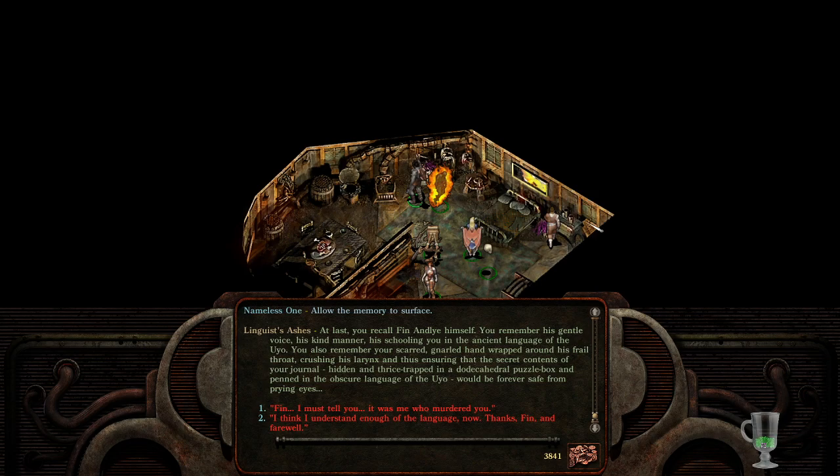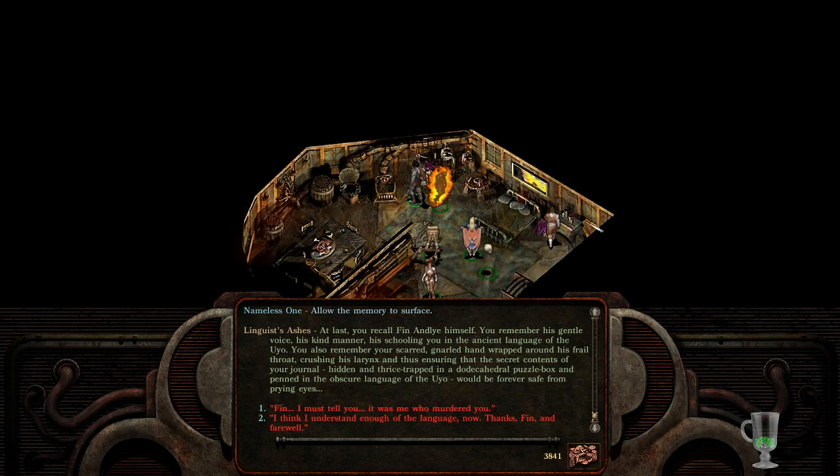You also remember your scarred, gnarled hand wrapping around his frail throat, crushing his larynx, and thus ensuring that the secret contents of your journal, hidden and thrice trapped in a dodecahedral puzzle box and penned in the obscure language of the Uyo, would be forever safe from prying eyes.